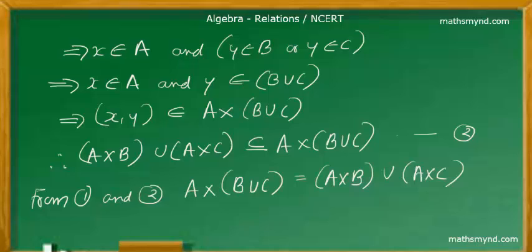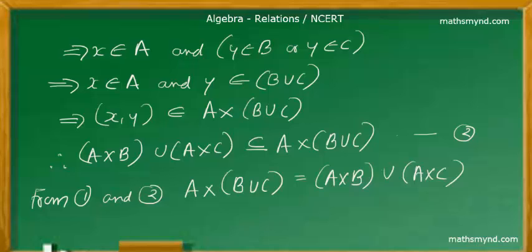So x is an element of set A and y is an element of B ∪ C, which simply means that the ordered pair (x, y) is an element of A × (B ∪ C). So the Cartesian product of sets A and B union the Cartesian product of sets A and C is a subset of A × (B ∪ C).